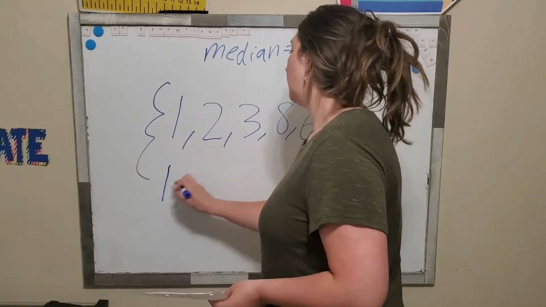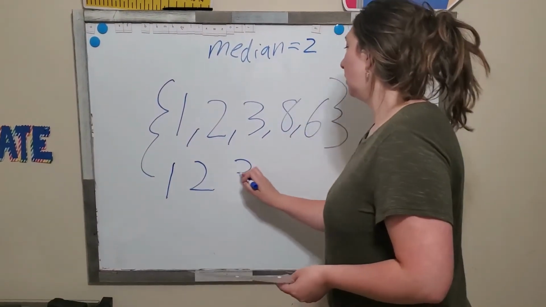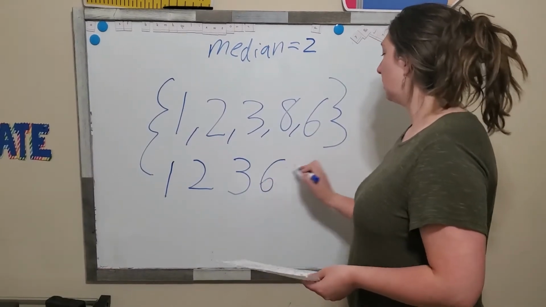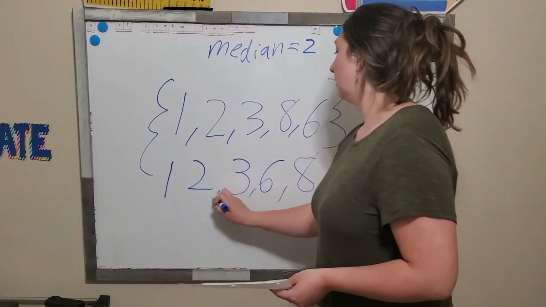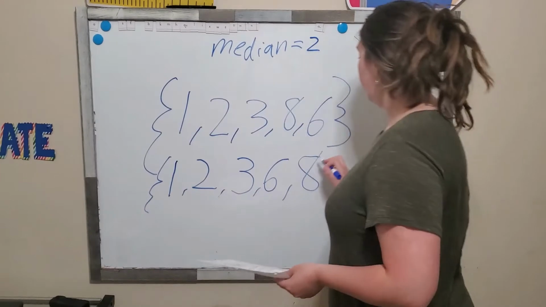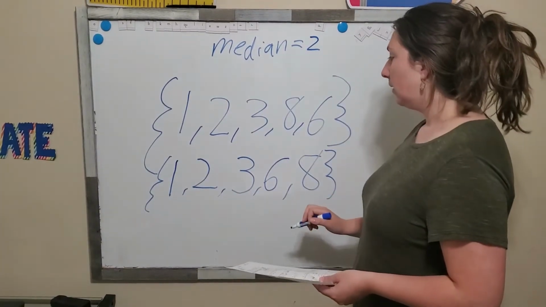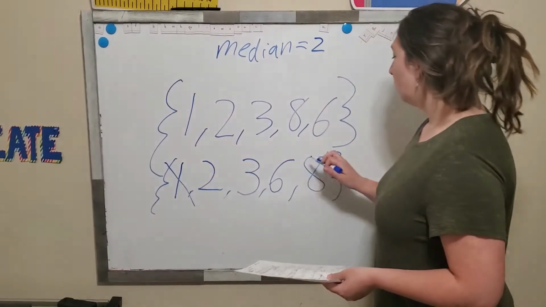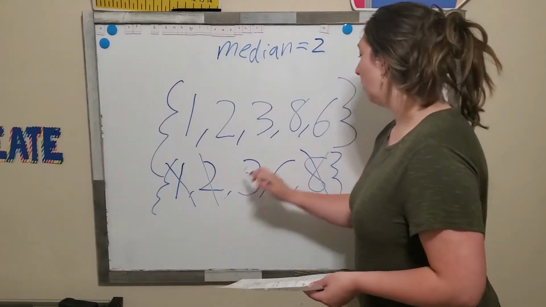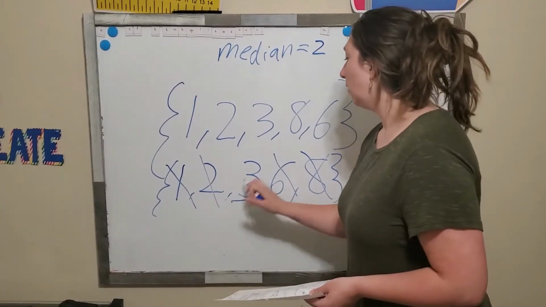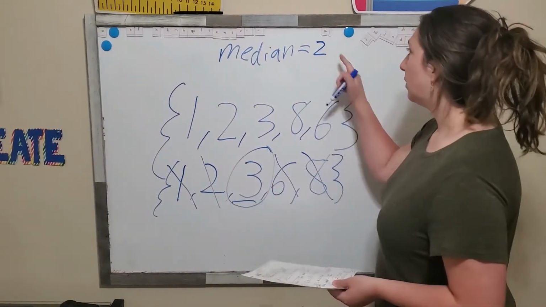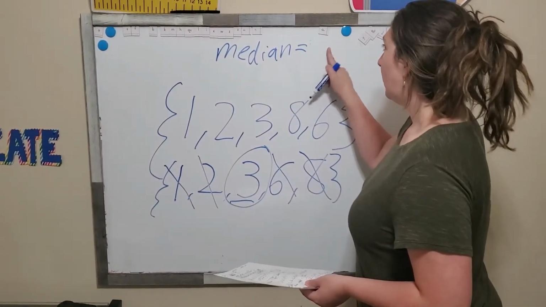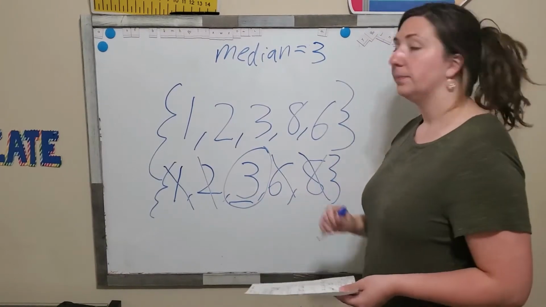So we're going to change that to 1, 2, 3, 6, 8, and now they're in order. Now we figure out which number is in the middle. I'm going to go from this end to this end and mark them out to find which number is in the middle, which is 3. So my median for this data set is 3.